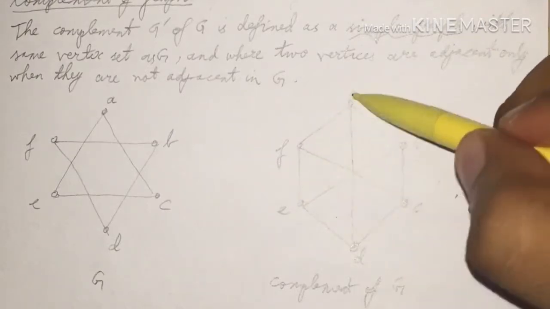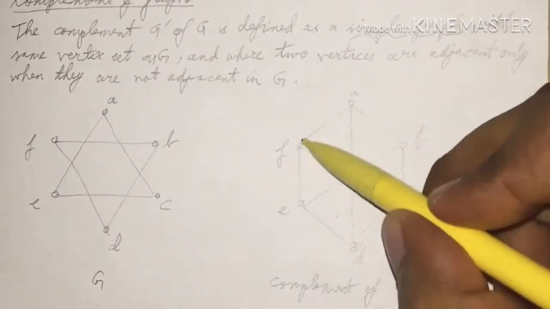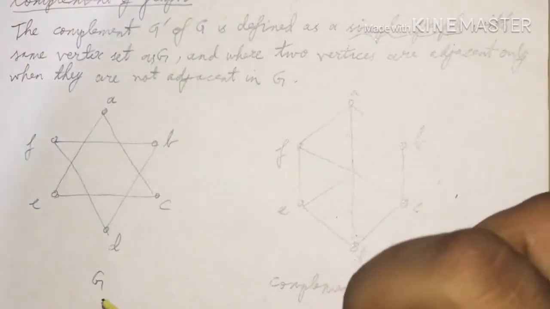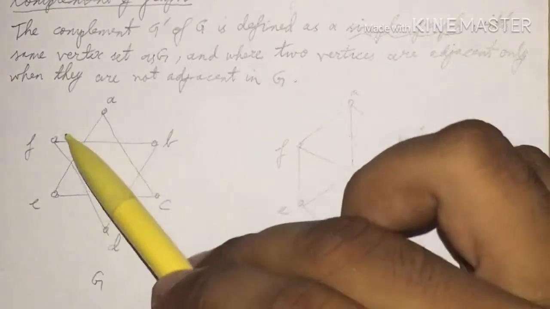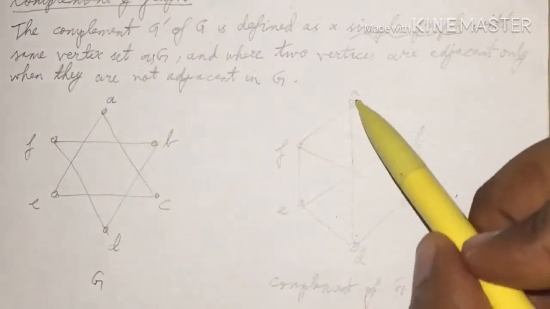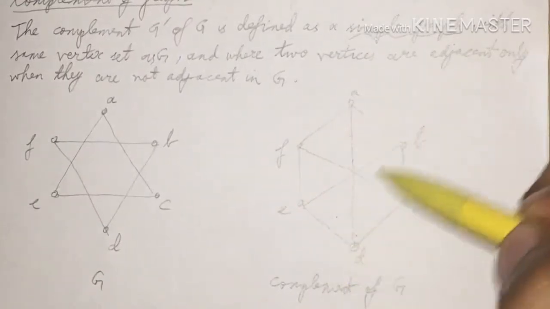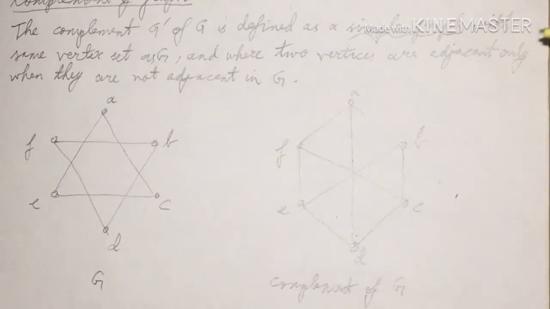For example, these two vertices, these two, and these two, and vice versa. So basically whatever is not adjacent is adjacent here. So a and f are adjacent, these are adjacent, as in all these vertices. Hence it is the complement of G, and vice versa.